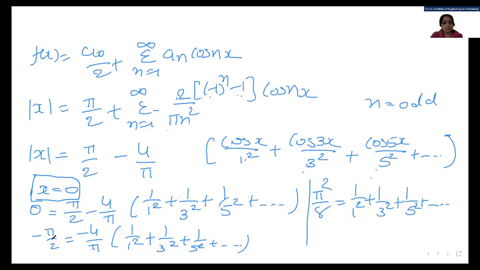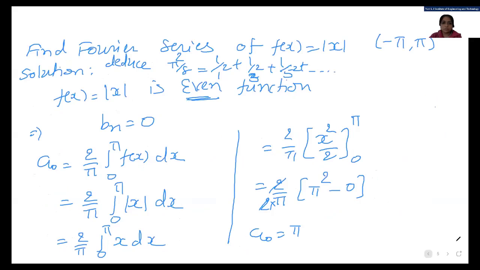So if we take minus common from both the sides, then pi into pi is pi square and 4 2s are 8. So our left hand side is pi square by 8 and the right hand side is this bracket. This is 1 upon 1 square plus 1 upon 3 square plus 1 upon 5 square. It is what we want to prove. Okay. Pi square by 8, 1 upon 1 square, 1 upon 3 square, 1 upon 5 square.